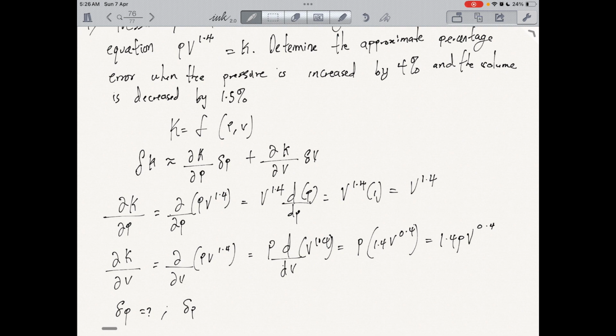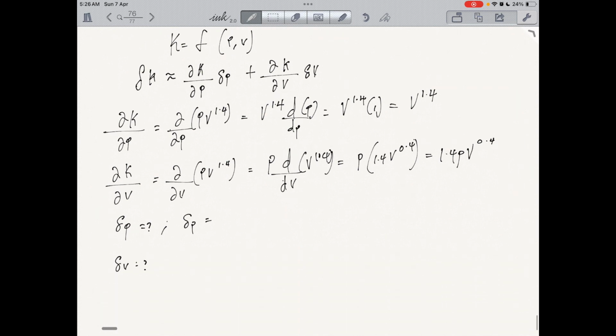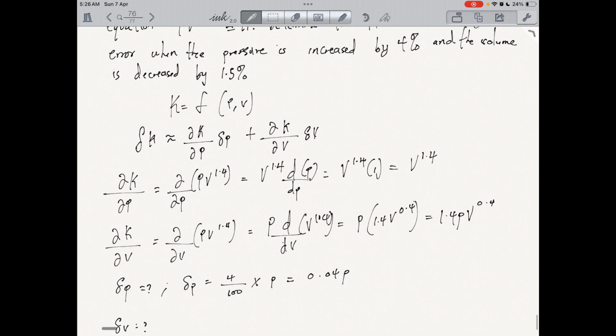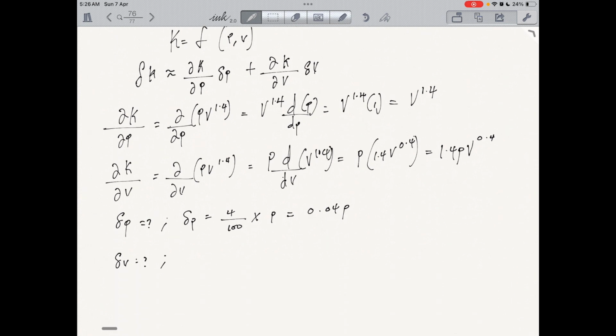Since the pressure is increased by 4%, the change in pressure, delta P, is equal to 4 over 100 multiplied by P, and this will give us 0.04 P. And the volume is decreased by 1.5%, so the change in volume is minus 1.5, negative because of the reduction, over 100 times V, and this will give us minus 0.015 V.